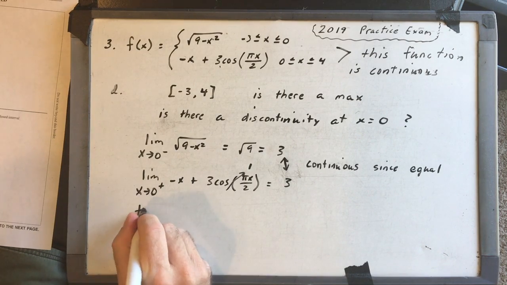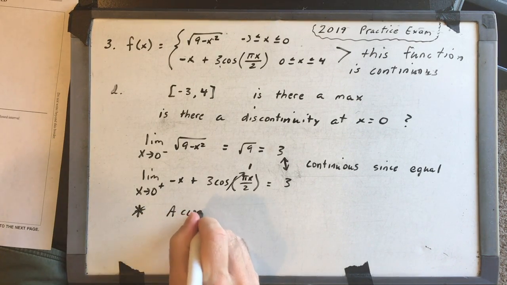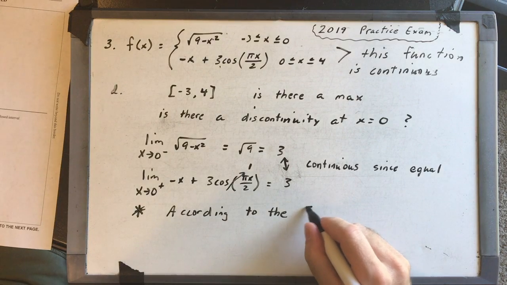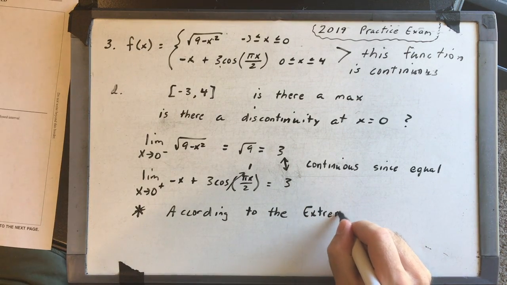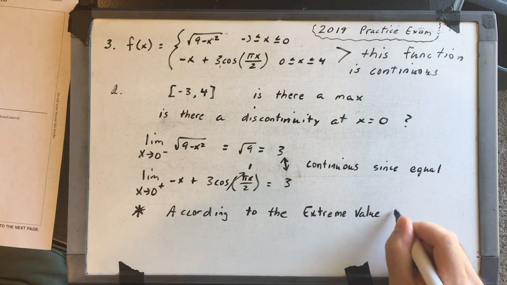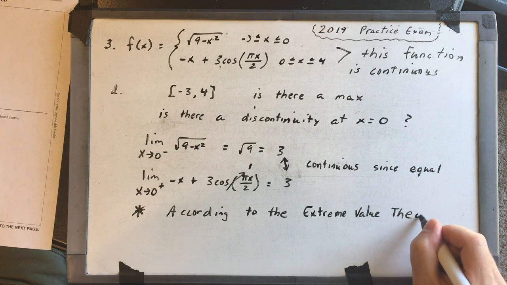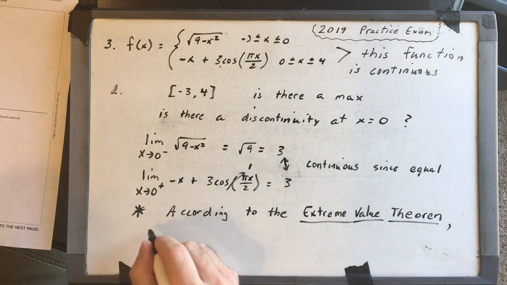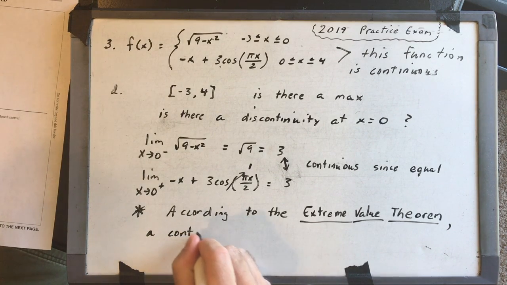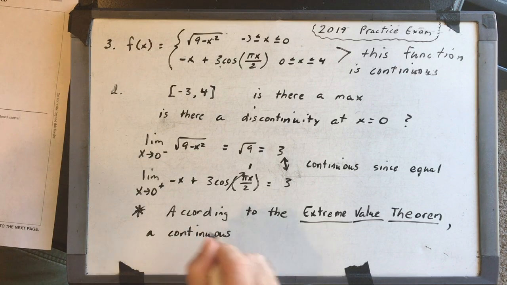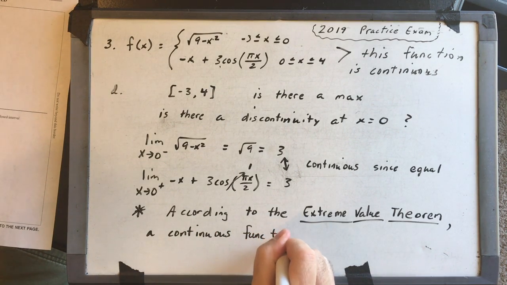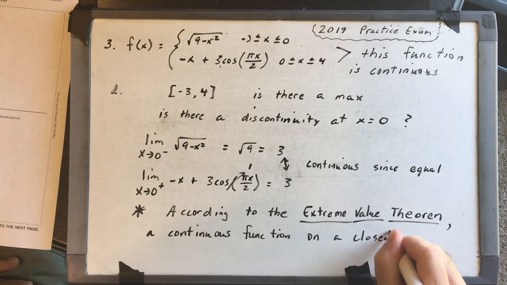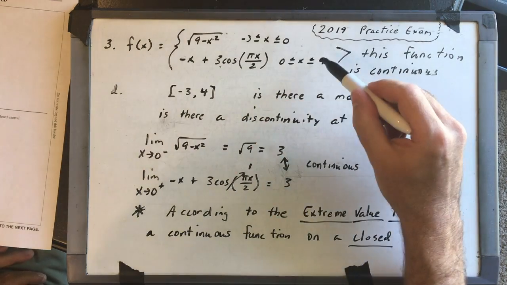So the answer is this. According to the extreme value theorem, a continuous function on a closed interval must have a maximum. Closed means it's got brackets here, that less than or equal to.